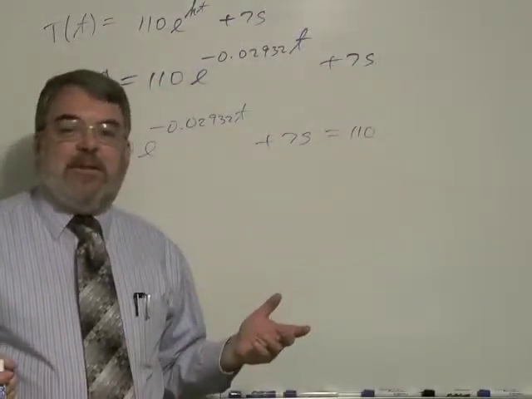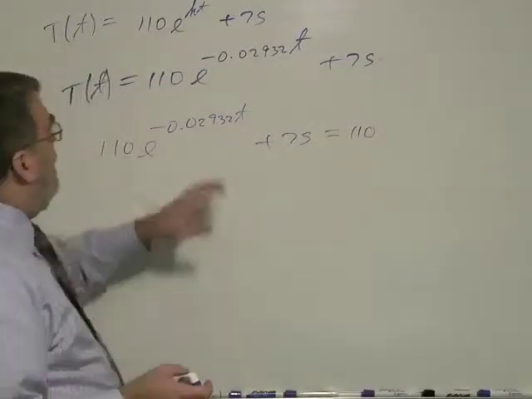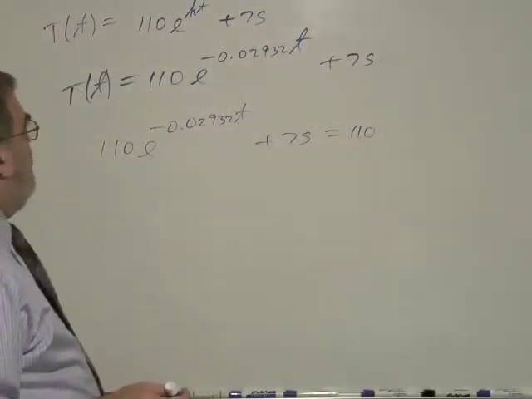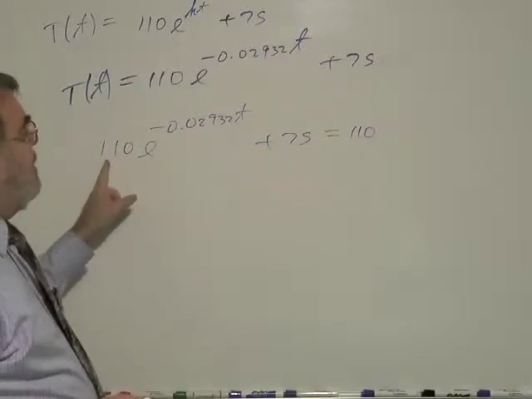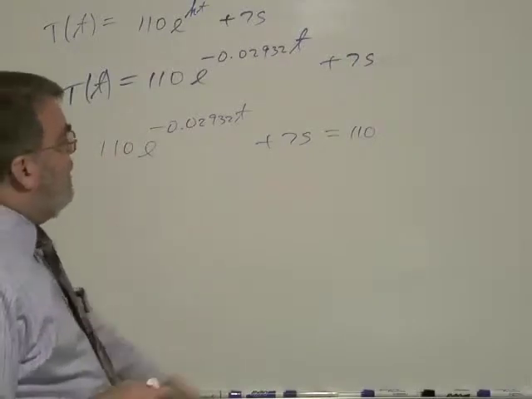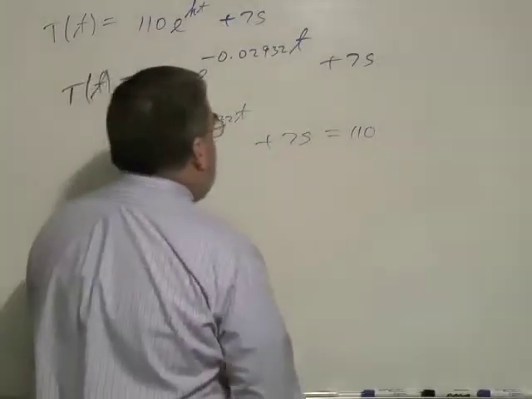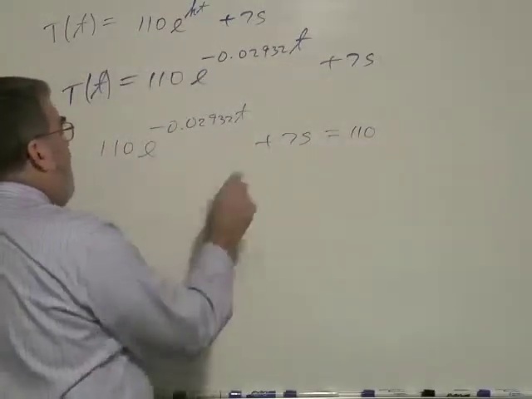To figure out when the temperature reaches 110 degrees, I'm going to set this function equal to 110. And again, this was coincidence that C was 110. I made up these numbers and that's what happened. All right, so let's subtract 75 from both sides and divide by 110.